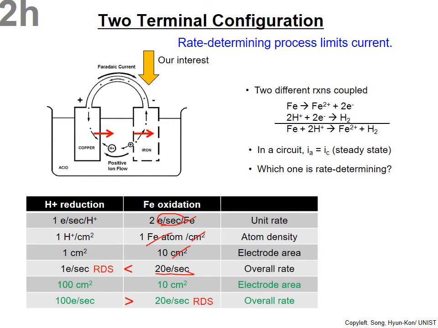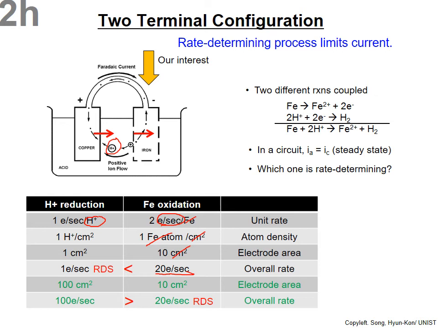Then let's go to the other electrode. On the copper electrode, the proton is reduced. There is no copper 2 plus, so there is no reduction of copper 2 plus here. So we should think about proton reduction. And also I'd like to assume that one proton would consume 1 electron per second.